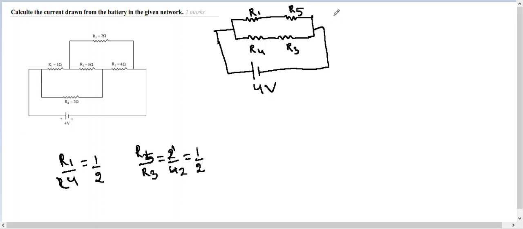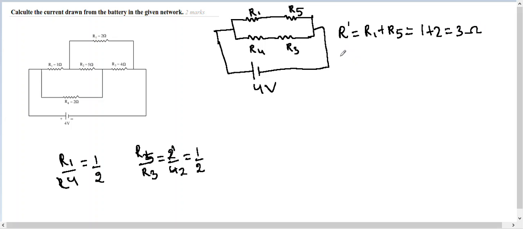As R1 and R5 are connected in series, their equivalent resistance R dash is equal to R1 plus R5, which is equal to 1 plus 2 ohm, which is equal to 3 ohm.